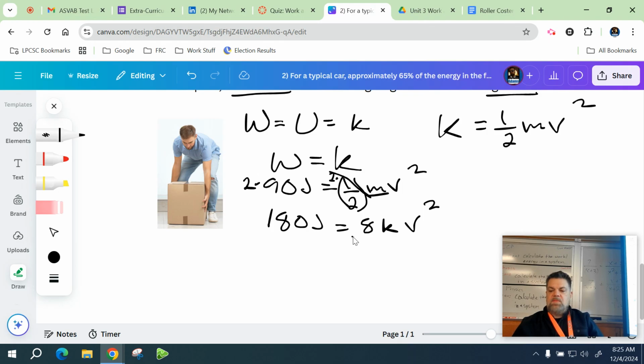So the next step then would be to divide both sides by 8. These cancel. 180 divided by 8. Let me pull up my calculator.